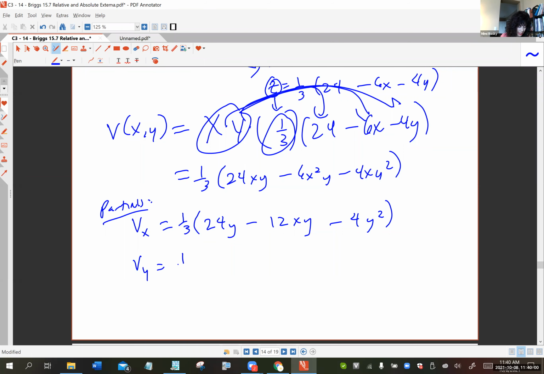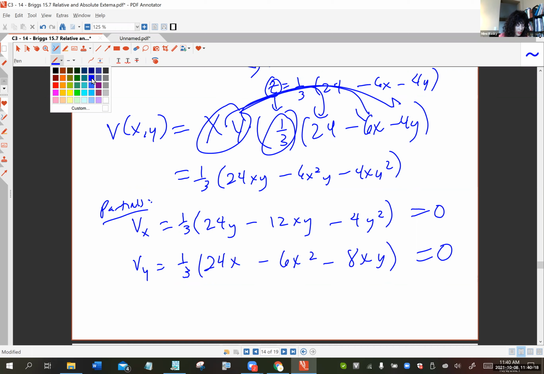That's Vx. And then Vy is 1/3 times 24x minus 6x squared minus 8xy. Fine. You're going to simultaneously set both of these equal to 0. Those are definitely non-linear equations. So, oh my goodness, this is going to be pretty gross.